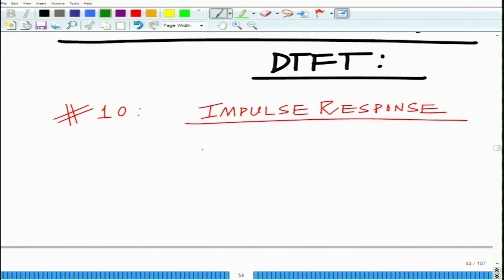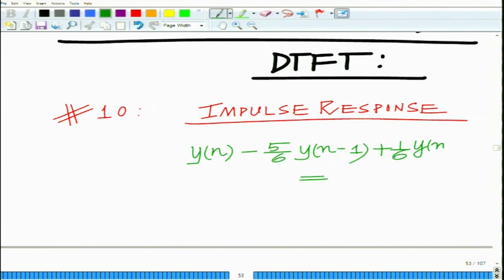So, we have the difference equation: y[n] minus 5/6 y[n-1] plus 1/6 y[n-2] equals x[n]. Okay, and basically this is the given difference equation.